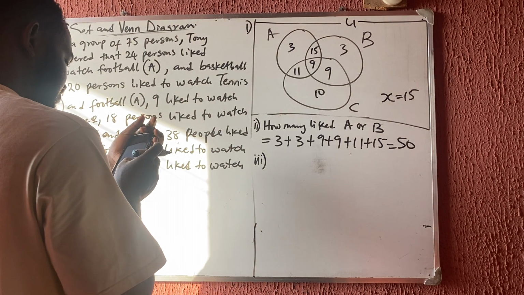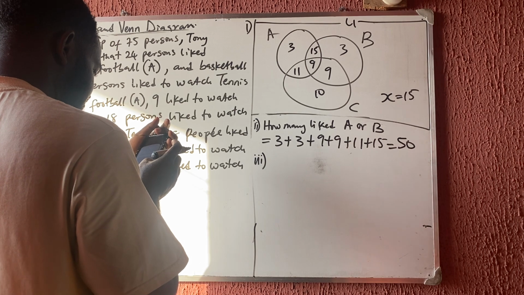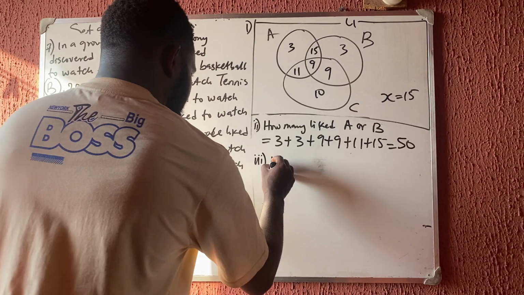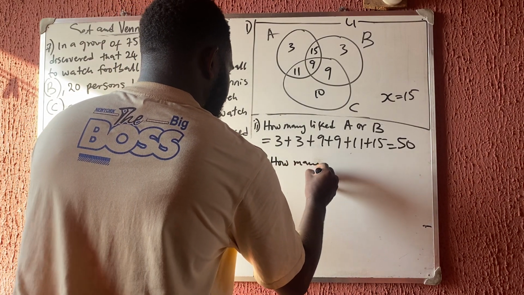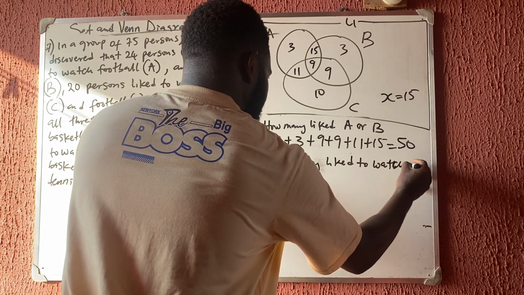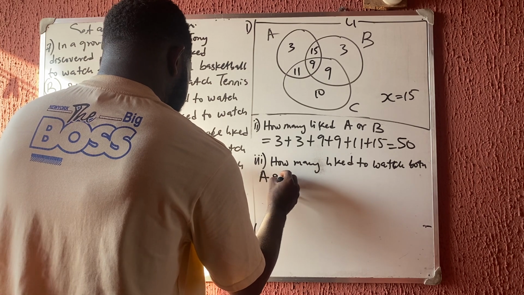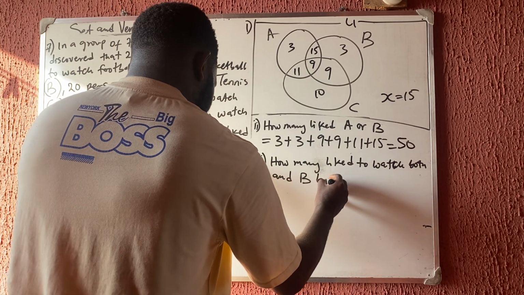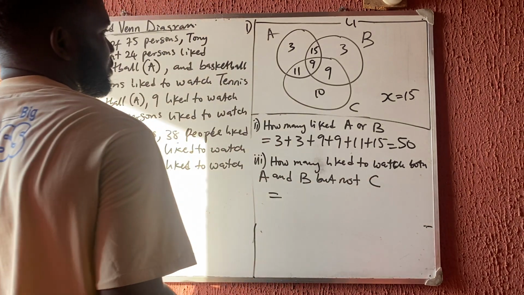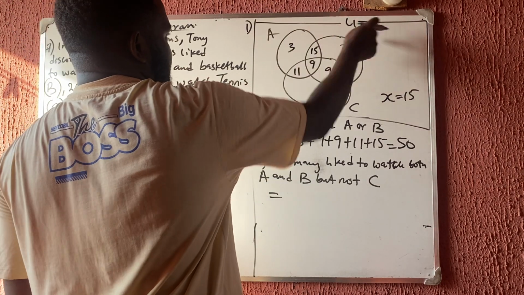Next, how many liked to watch both football and basketball, but not tennis. So both football, which is A, and basketball, B, but not table tennis, which is C. It means only A and B, and only A and B is 15.